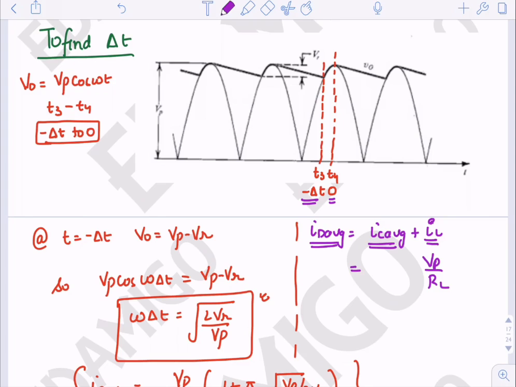IC average is equal to the charge that is supplied divided by the time period delta t. So the charge supplied is the change in the voltage of the capacitance times the capacitance value, that is CVr upon delta t plus Vp upon RL. So exactly the same equation is created.